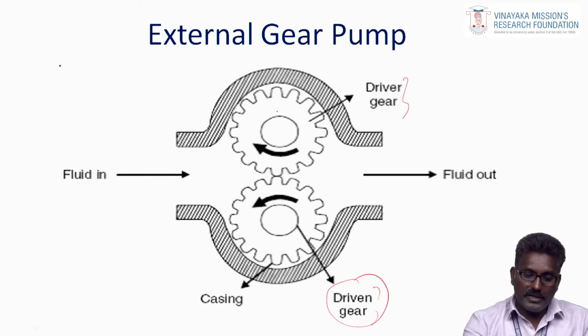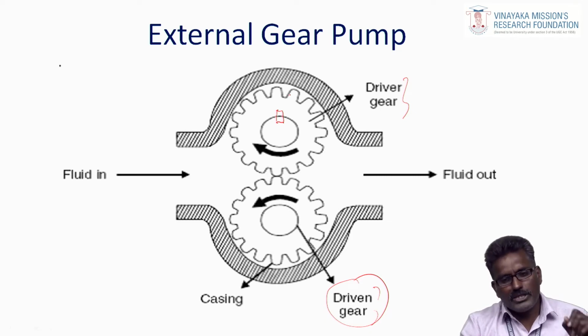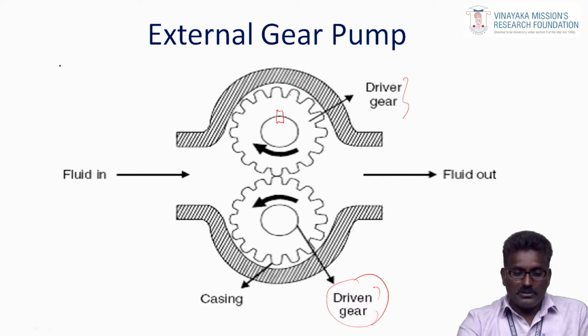The driver gear is coupled with a prime mover, which may be an electric motor or a diesel engine. Any one of these prime movers is used to actuate this pump. Because of these external gears, this pump is named the external gear pump.